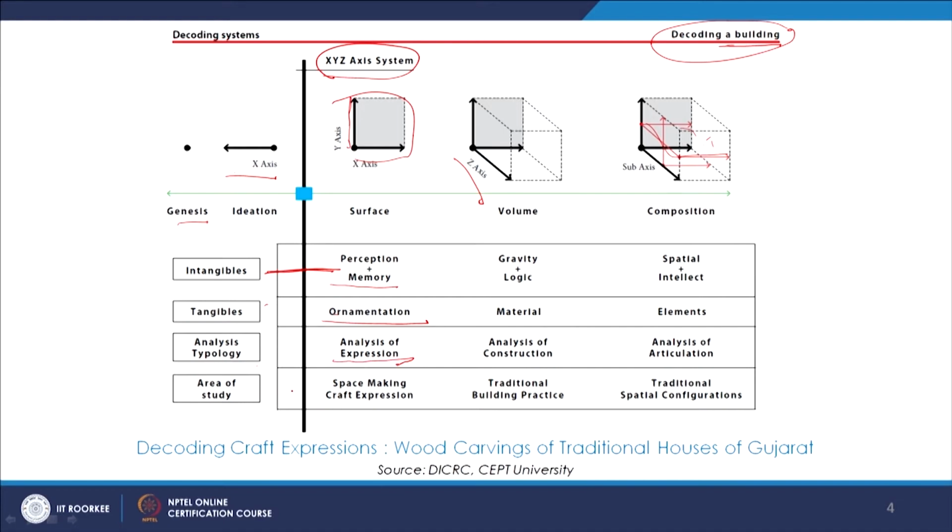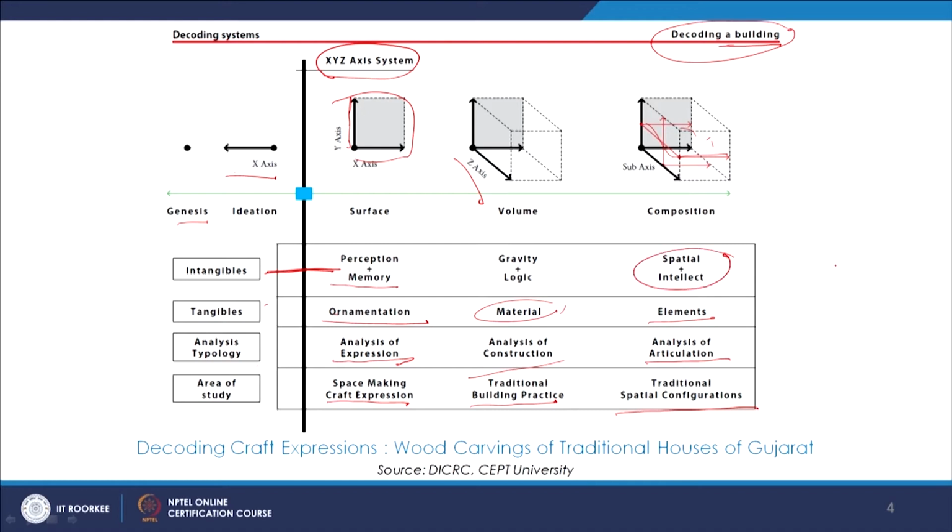Then the area of study itself, so space making, craft expression, and there is also a discussion of material, analysis of construction, traditional building practice, and then we talk about composition, we try to break it in terms of elements, how is it articulated, what are the spatial configurations, what is the spatial plus the intellect.